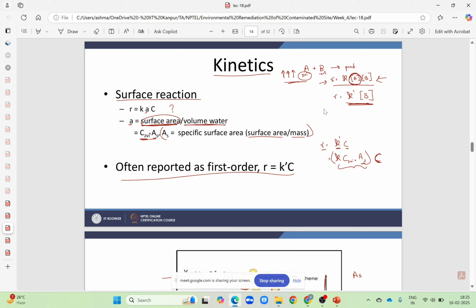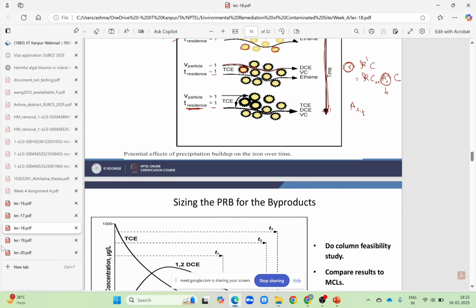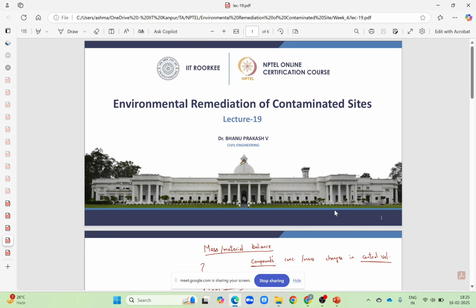So initially, by writing that reaction rate, we get the idea that it is a second order reaction. But when we consider the concentration and the activity of those species, then we get that basically it is a pseudo first order reaction. Let's move to the next picture.